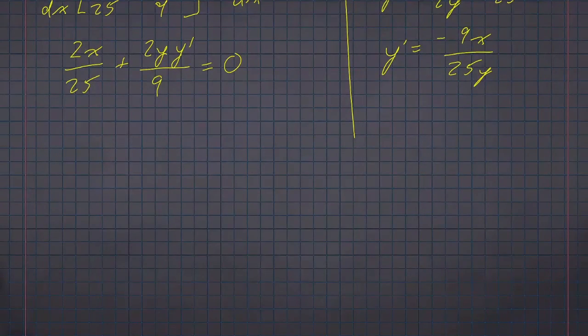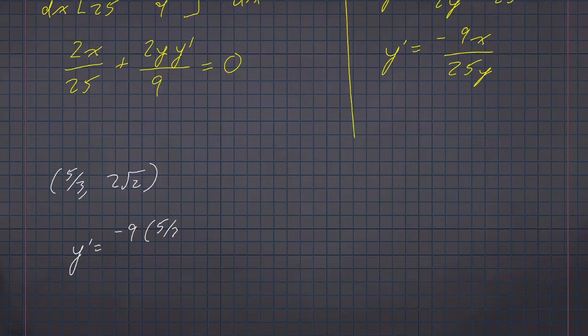We are looking for the equation of the line tangent at (5/3, 2√2). So plugging those into the derivative, we get that y prime is negative 9 times 5/3 over 25 times 2√2.